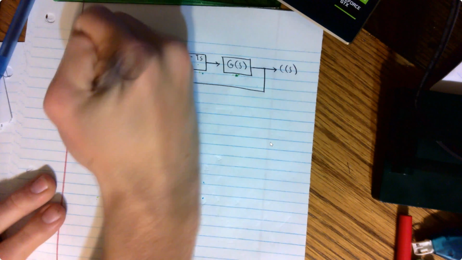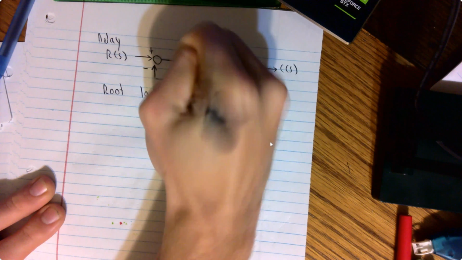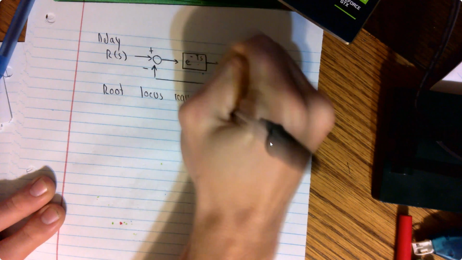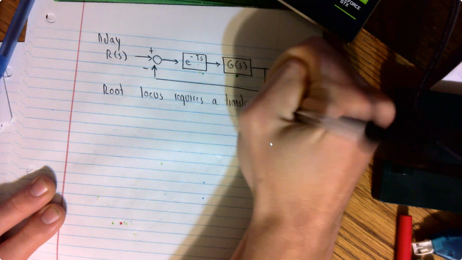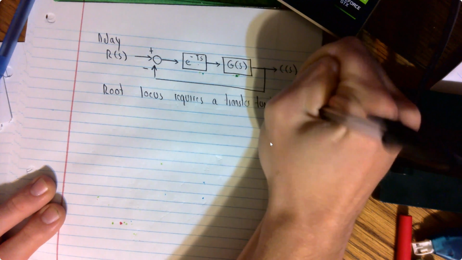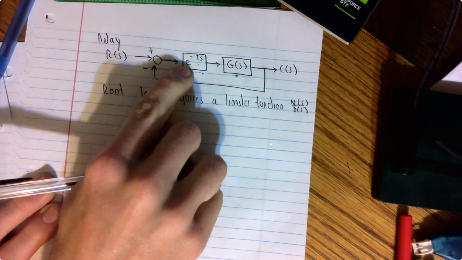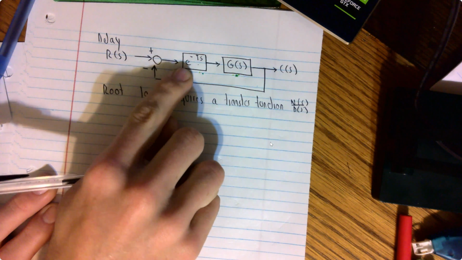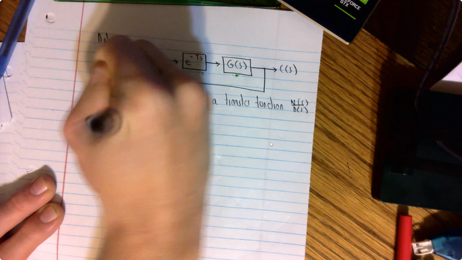So root locus requires a transfer function, which is basically written in the form where you have a numerator polynomial of s and a denominator polynomial of s. And so this is not in a numerator of s divided by denominator of s format. So what we do is we use the Padé approximation.